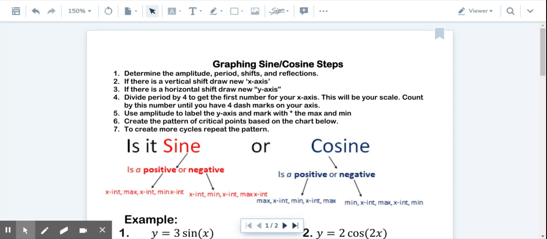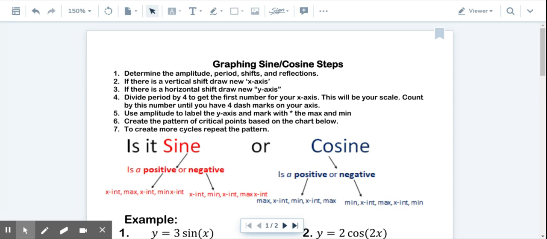Step number 4 is you want to divide your period by 4. So we're going to get really nice and used to using fractions. When you divide your period by 4, that's going to give you the first number for your x-axis. So this is going to give you a scale for your x-axis. Instead of being 1, 2, 3, we're going to start with whatever the period divided by 4 is.